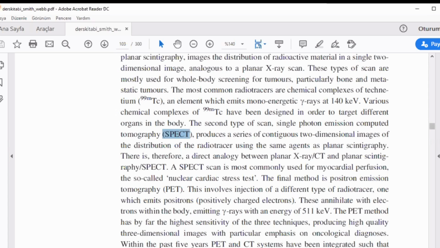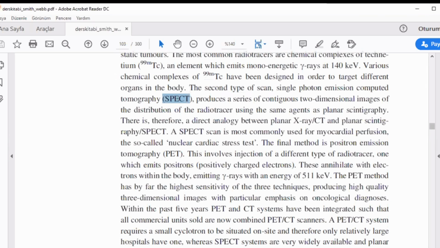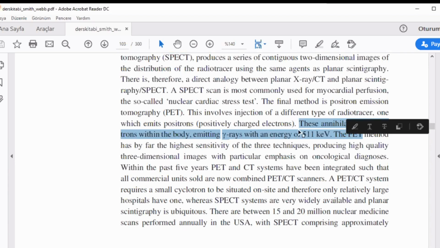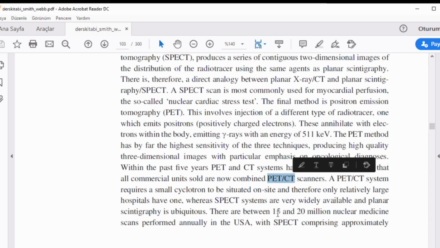Their detectors are rotating and obtaining volumetric data. And in the previous session, we learned PET, which creates 2 gamma rays of 511 keV. And the last scanner, PET CT, combines these 2, PET and CT scanners together.